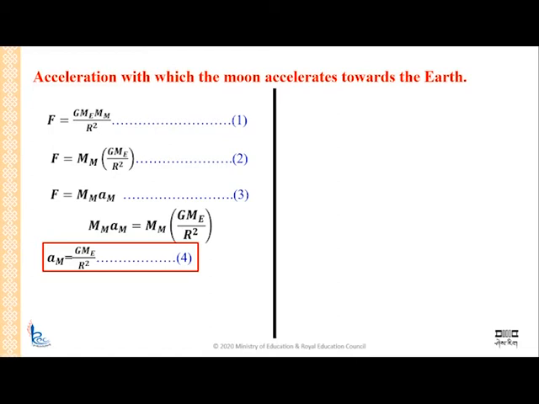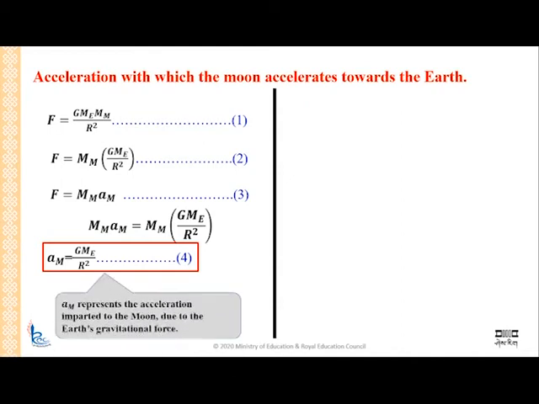Cancelling Mm on both sides, we have am is equal to G Me over r square. So this is the acceleration imparted to the moon due to the earth's gravitational force. This is the equation with which we can calculate the amount of acceleration imparted to the moon because of the earth.